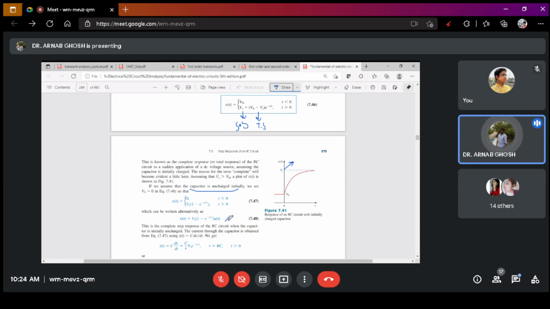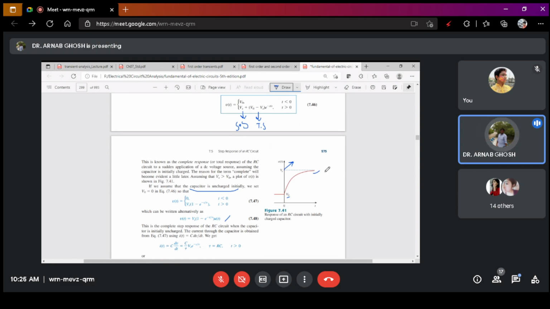When I am talking about a source free circuit, I am talking about the discharging circuit of the capacitor. When it is a charging circuit, the voltage increases from the initial voltage V0 to the maximum voltage, which is the supply voltage Vs.